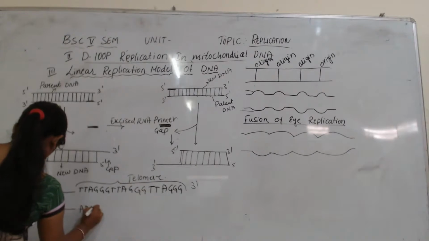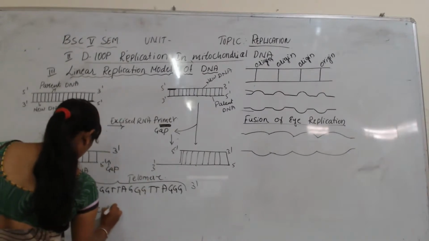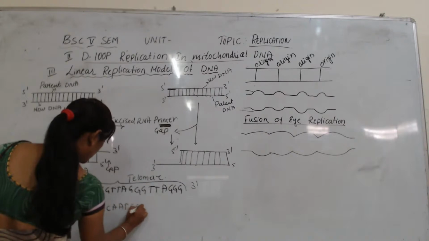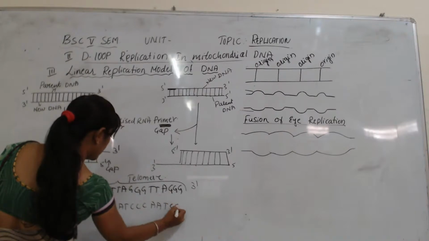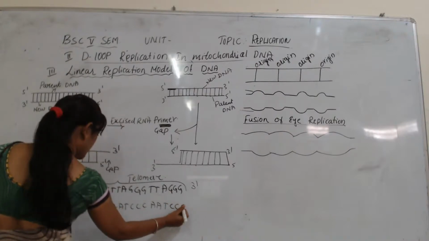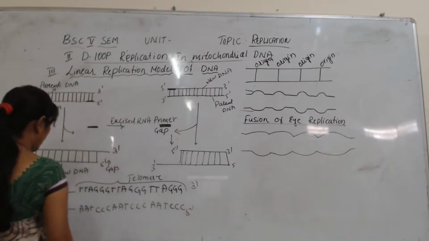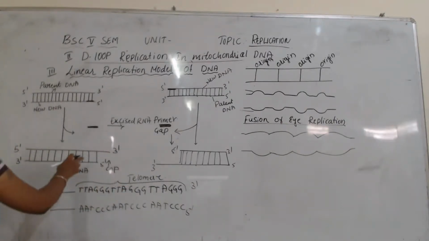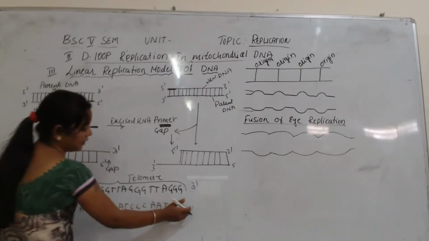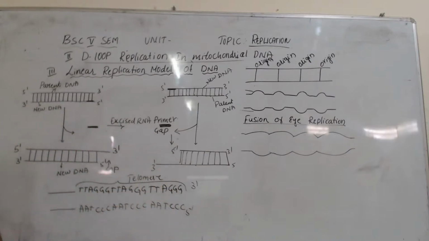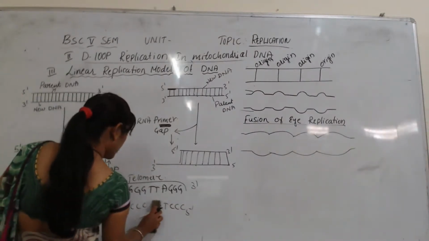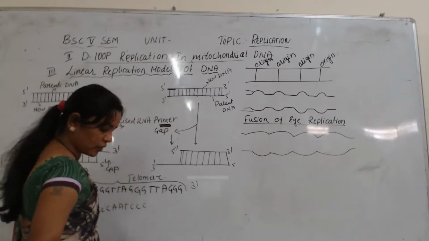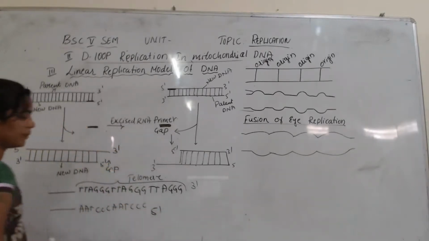And this is the 5 prime. So here in the coding you can see the 5 prime always remains shorter only. It will remain shorter in the 5 prime.